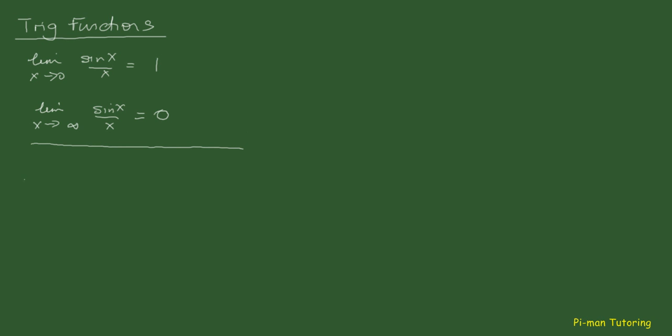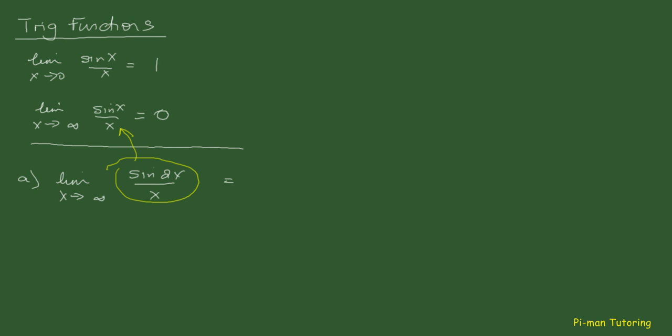So for example, if you are asked for the limit as x tends to infinity of sine 2x divided by x, we simply have to make this expression look a bit more like the expression that we're given. So we can do that by manipulating the denominator.